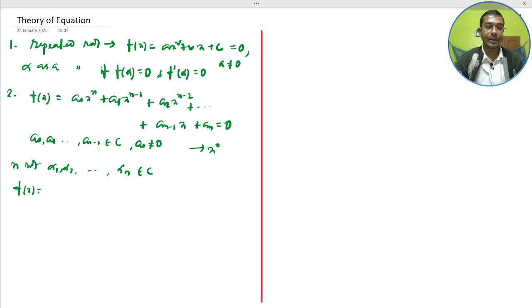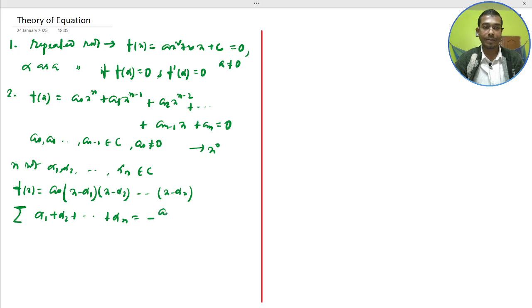So f(x) is equal to a naught into x minus alpha 1, x minus alpha 2, dot dot, x minus alpha n, and the sum of roots, alpha 1 plus alpha 2 dot dot plus alpha n, this is very important, is minus a1 by a naught, and the product of roots for the nth degree equation, alpha 1 alpha 2 dot dot alpha n, is equal to minus 1 whole to the power n, a n by a naught.